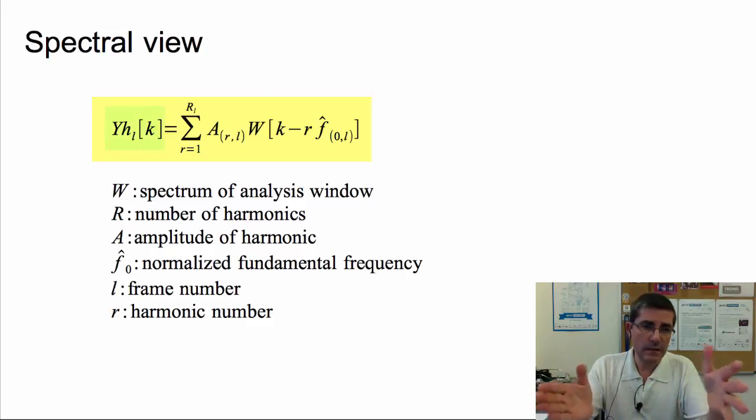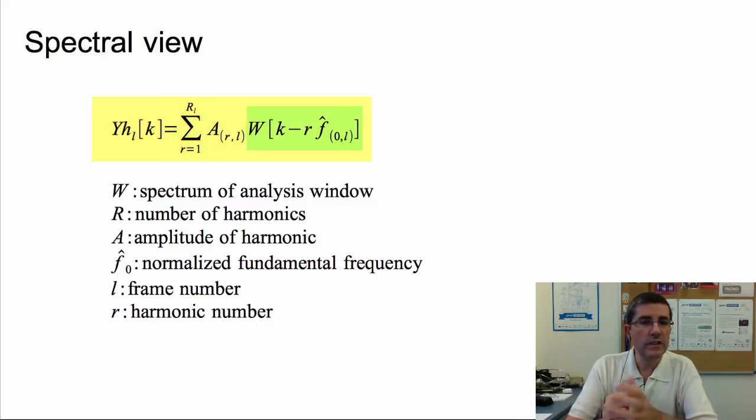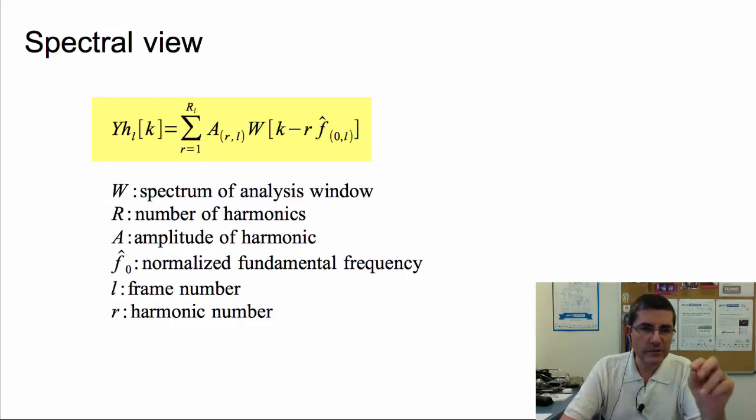So the overall harmonic spectrum is the sum of all these windows, with a scaling factor of an amplitude A and a shifting factor of minus r f sub 0, in which we are placing these windows at the appropriate location of the sinusoid. This is basically what we talked about in the sinusoidal model, but now restricting the frequencies to be multiples of the fundamental frequency.